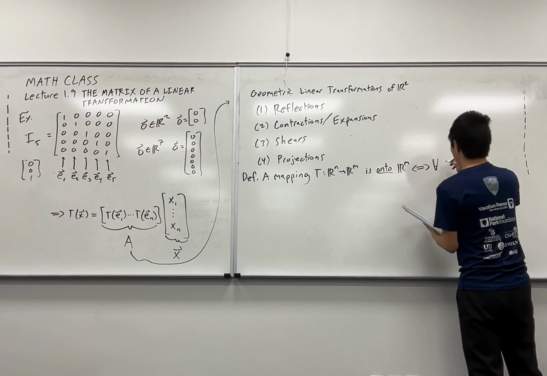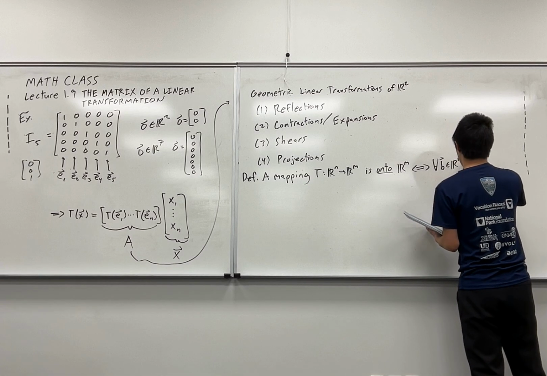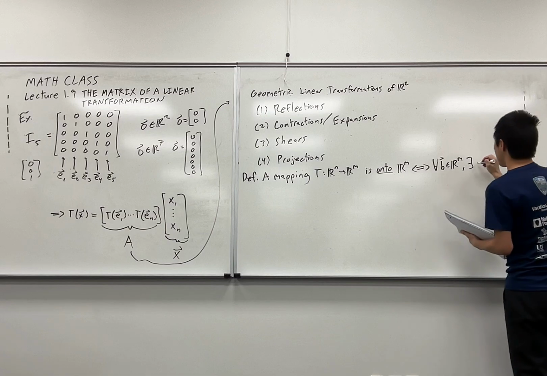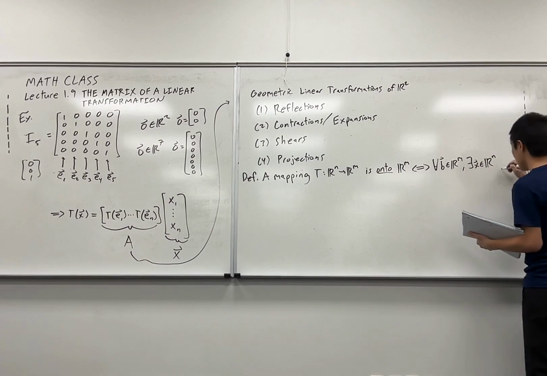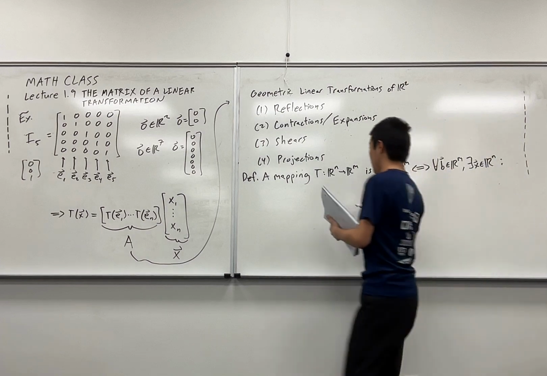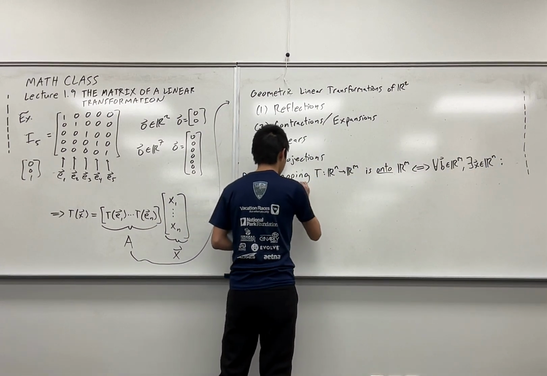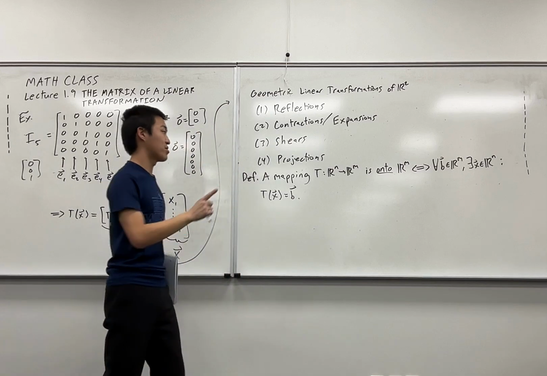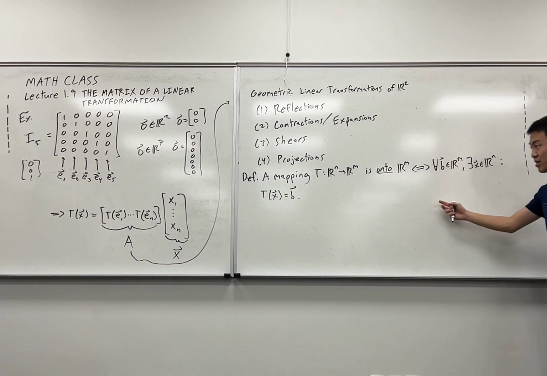For all vectors B in Rm, there is going to exist some vector x in Rn such that T of x is equal to that B. Okay, what is this really saying? Let's first just figure out what the symbols are. Once we get to the symbols, then conceptually it'll make more sense.